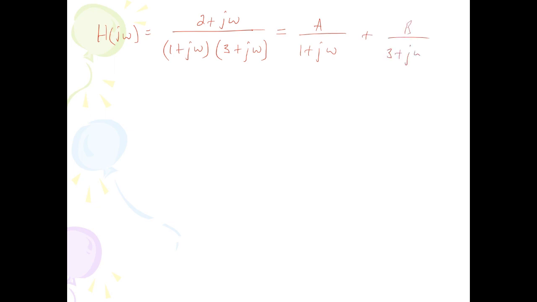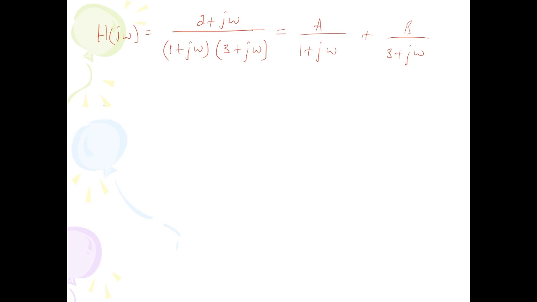Given H(j omega), factorize the denominator: (2 plus j omega) by (1 plus j omega) into (3 plus j omega). Using a simple partial fraction expansion, this is a by (1 plus j omega) plus b by (3 plus j omega).